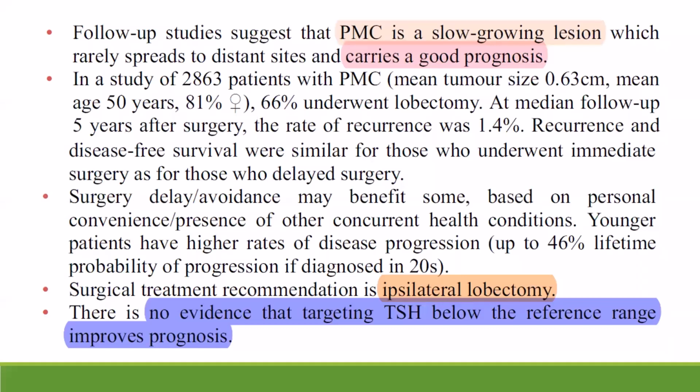The target of the TSH is the lower half of the normal range. No evidence that targeting TSH below the reference range improves the prognosis. So in papillary microcarcinoma, the treatment is ipsilateral lobectomy, no suppressive therapy, just replacement therapy, and also no need for radioactive iodine ablation.